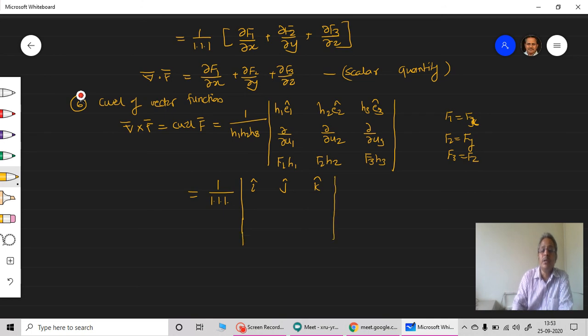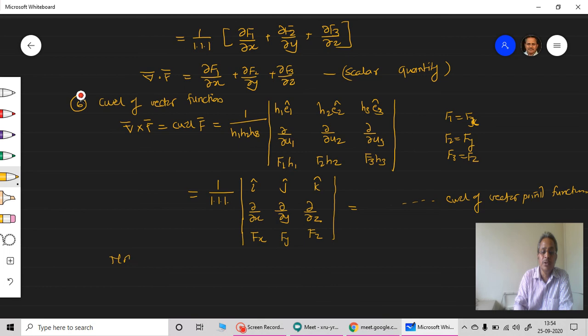Then next here it is ∂/∂x, ∂/∂y, and the third is ∂/∂z, and finally here it is simply fx into 1, fy into 1, and fz into 1. Now you can solve this, and whatever we get is called the curl of a vector point function.